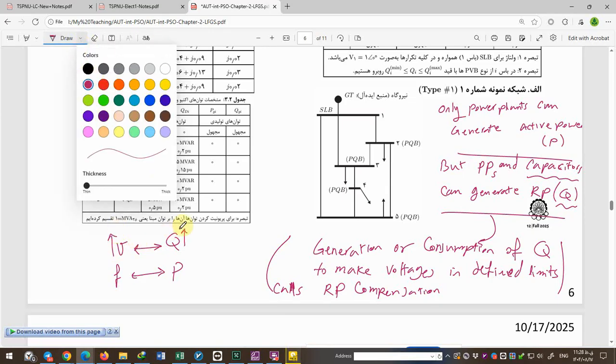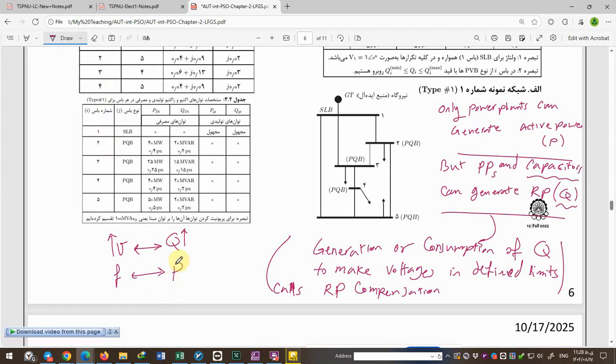If you see that your region frequency is increased, it means that your active power demand has decreased. The decreasing of demand results in increasing frequency. In other words, the increasing of active power demand results in decreasing frequency.